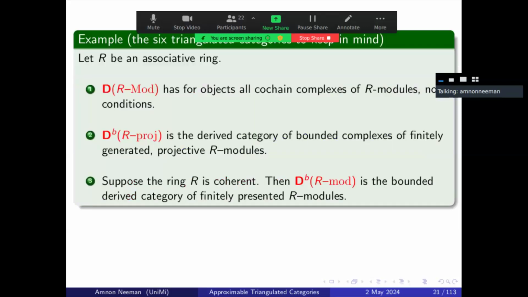So let's look at this example. Let R be an associative ring. Let's assume that R is Noetherian. Then dB of R proj has for objects the bounded complexes of finitely generated projective R modules, and dB of R mod has for objects the bounded complexes of finitely generated R modules. So dB of R mod is bigger than dB of R proj.